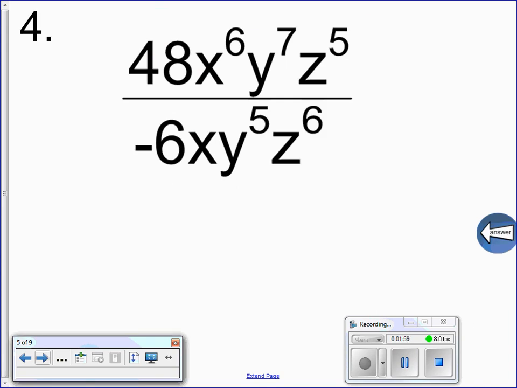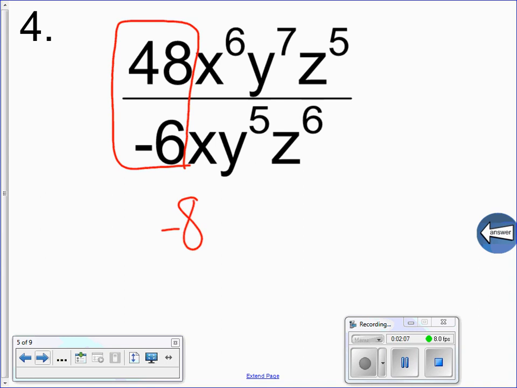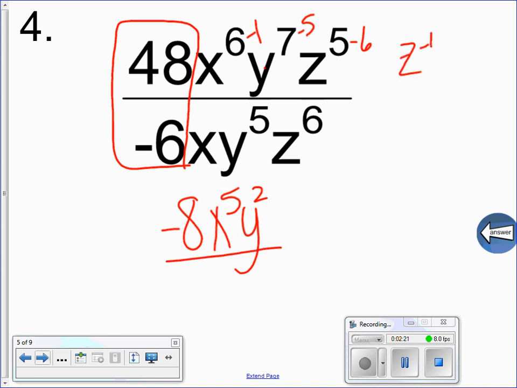All right, this one, again, we're going to take care of the coefficients first, just like I would if it was a fraction, and that would be negative 8. Then I have 6 minus 1, that's x to the fifth. 7 minus 5, that's y to the second, and z to the 5 minus 6, which is z to the negative 1, which I have to then do the reciprocal of.